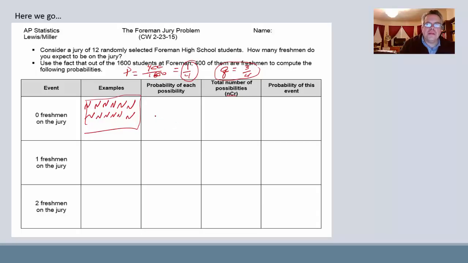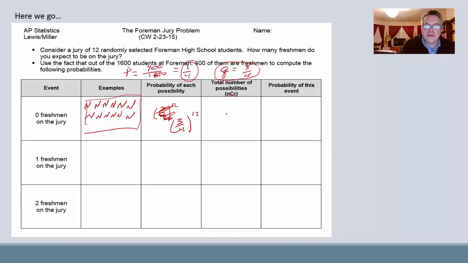What's the probability of getting 12 that are not freshmen? That would be the probability of failure, 3/4, to the 12th power. So 3/4 to the 12th. How many ways can it happen? Remember, this is n choose r. We talked about that in the last video.